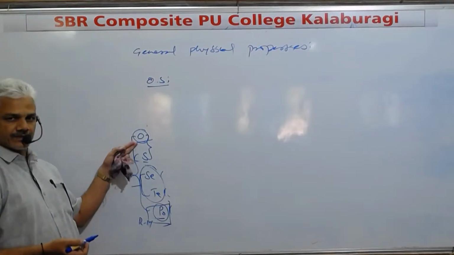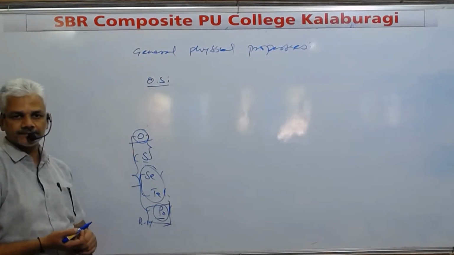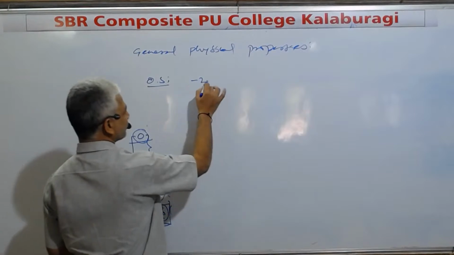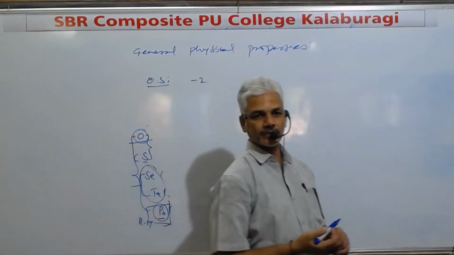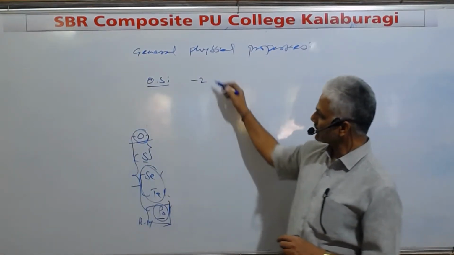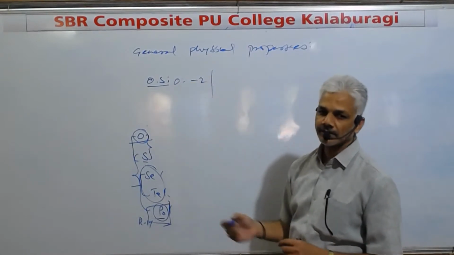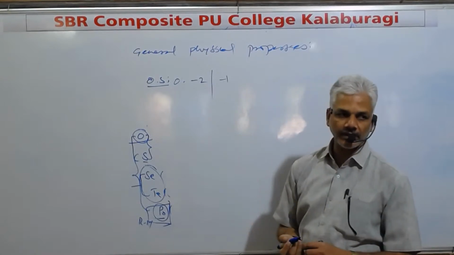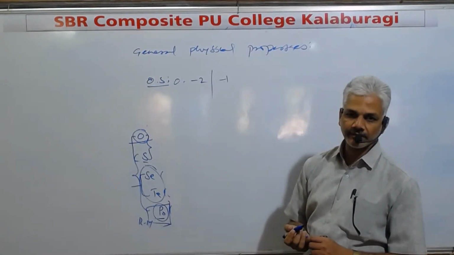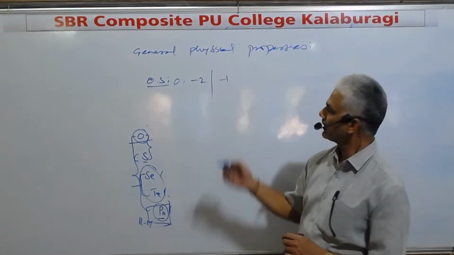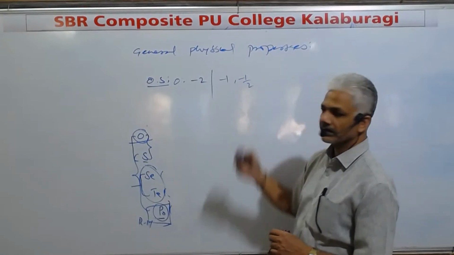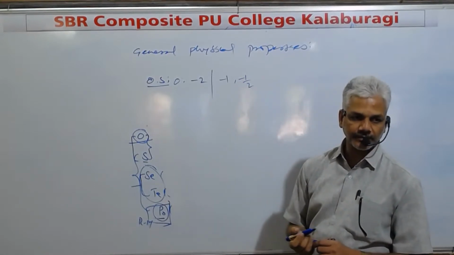What is the common oxidation state of oxygen? -2. Under special conditions, oxygen can show -1. Where you will get -1? Peroxides.